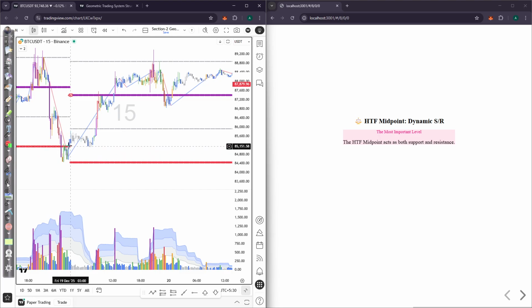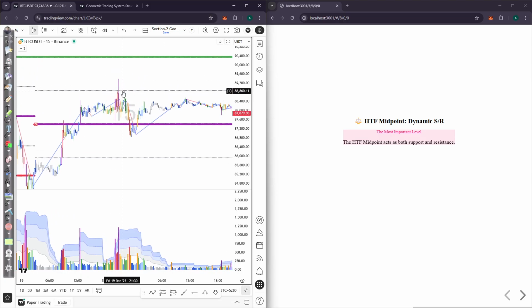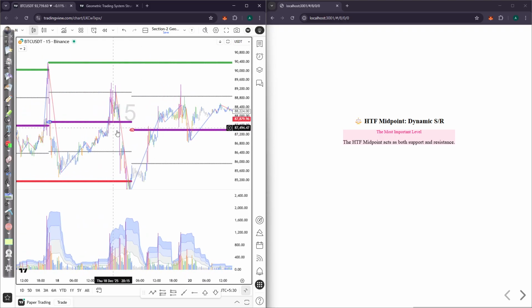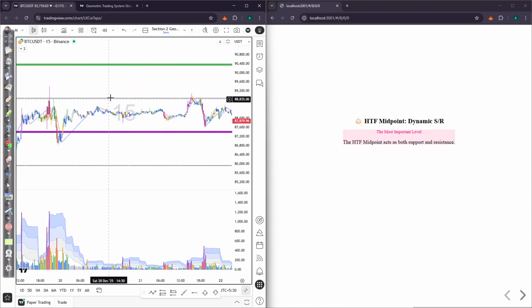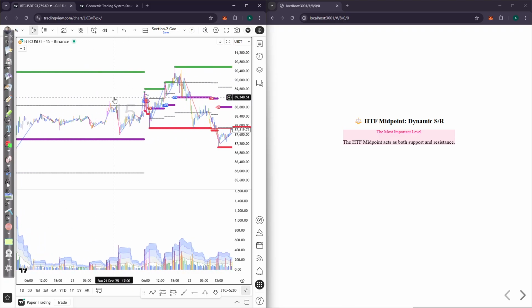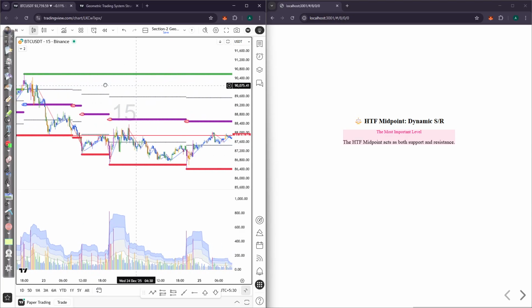This was support, it went up, price rejected, and then this resistance becomes support now. You see, resistance becoming support, and the market reverses from there. So the midpoint acts as both support and resistance, because it provides a platform for both buyers and sellers to come in and confirm the direction of the market.